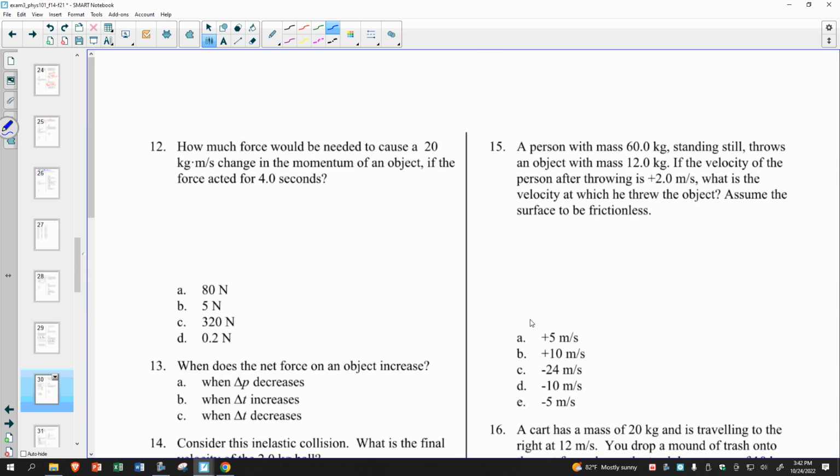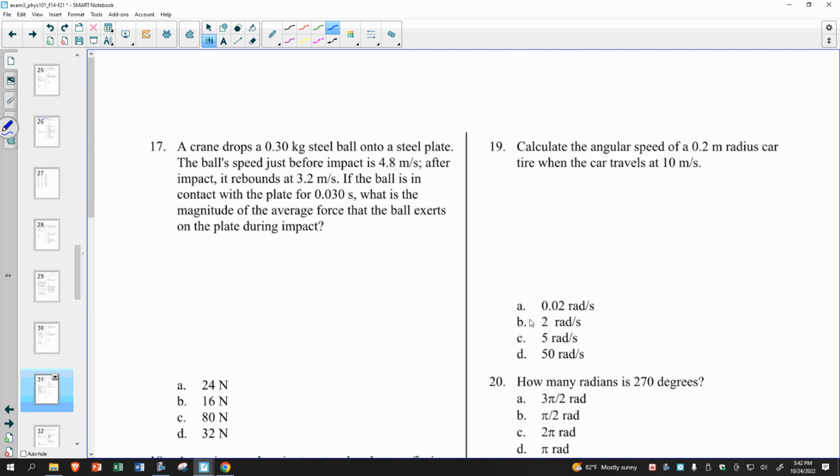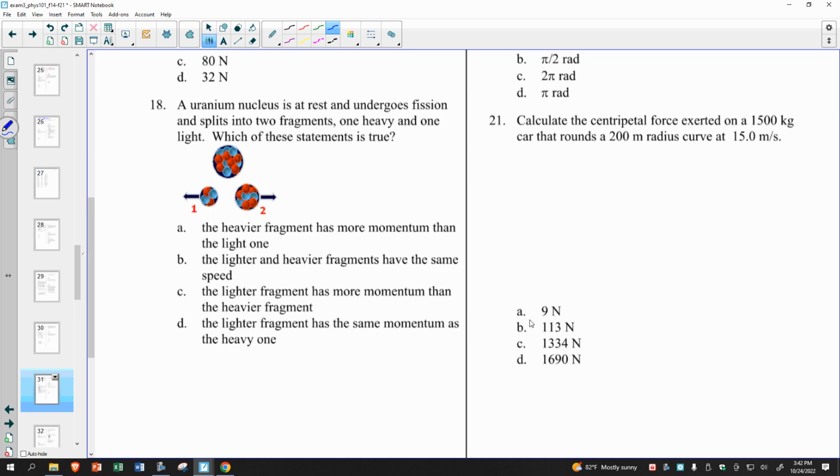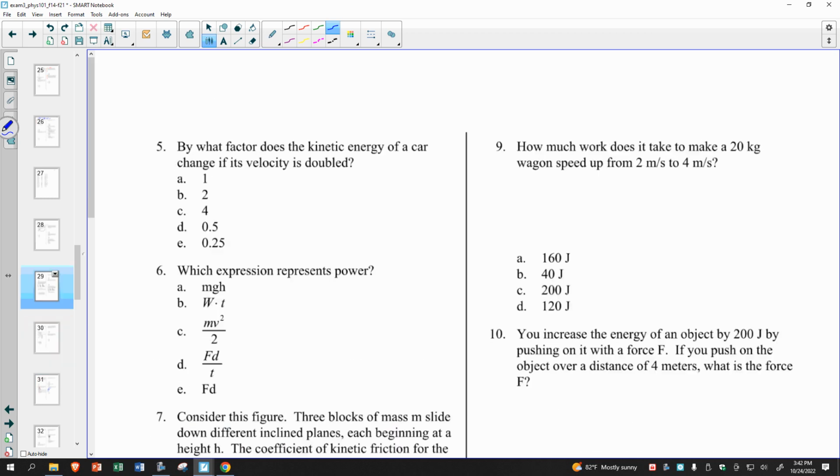Looking for some more centripetal force problems. Okay, here we go. This is a car that goes around a curve. There is a centripetal force that acts on this car to make it move into that circular path. This is fall 17.